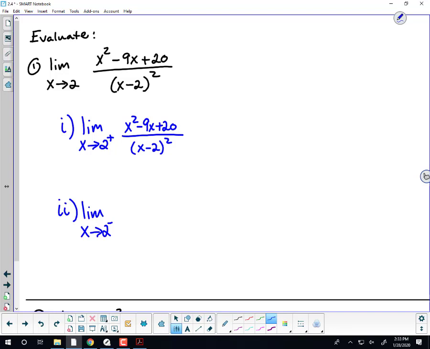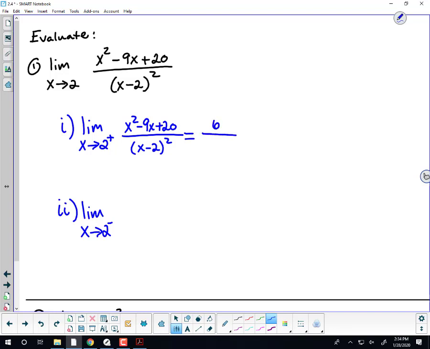Maybe the number itself is kind of irrelevant. It's the sign that we're after, but go ahead and compute that. We've got 2, and for x, we've got a minus 18, and the 20, that's a positive 2, and 4, that's a 6. The numerator is approaching 6.